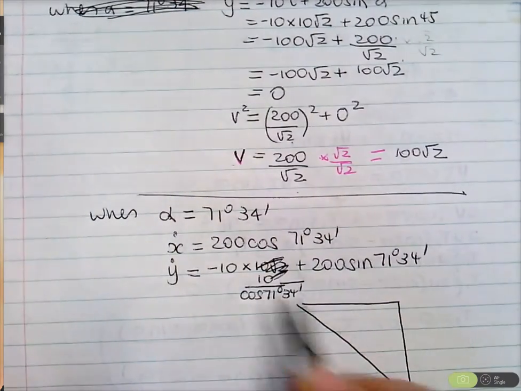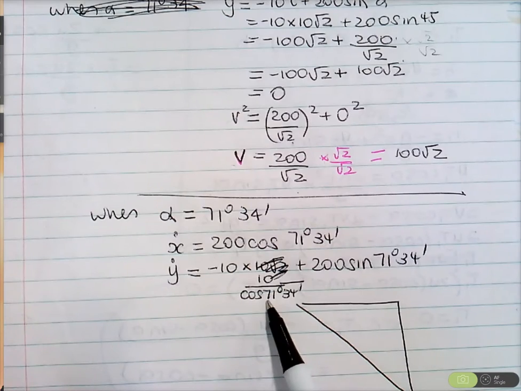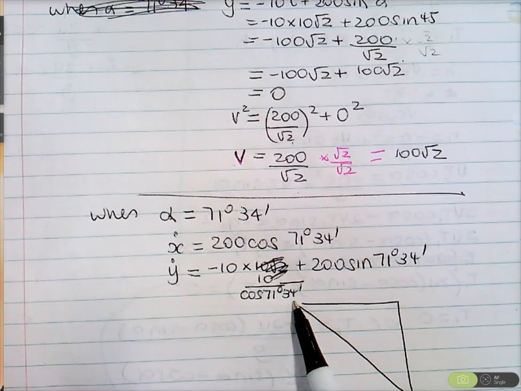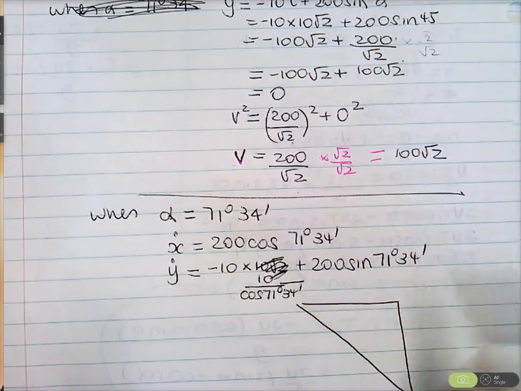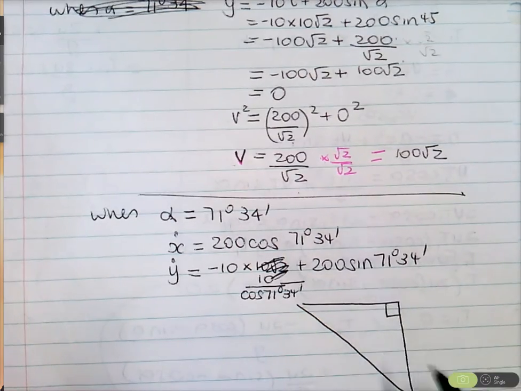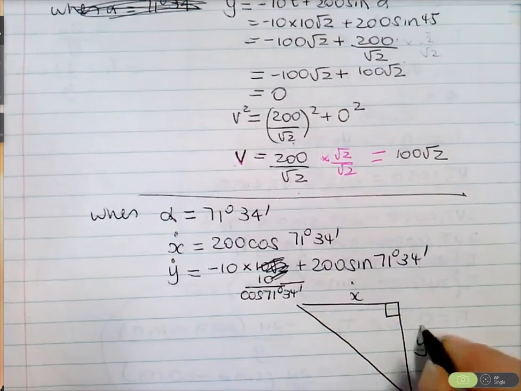Thank you, Lydia. So it's negative 10 times 10 over cos 71 degrees, 34 minutes, plus 200 sine. So we can get our x dot and our y dot.